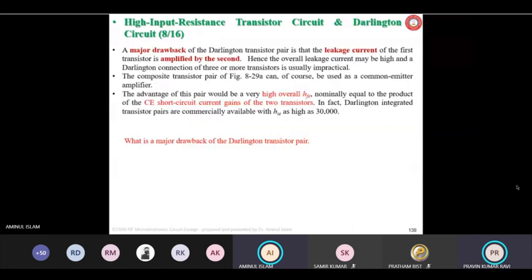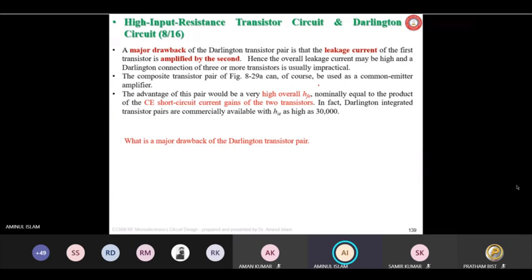A major drawback of the Darlington circuit is leakage current, which is amplified. Leakage current of the first stage is amplified by the second stage, hence the overall leakage current may be higher, and the Darlington connection of 3 or more transistors is usually difficult, impractical. The composite transistors can of course be used as a common-emitter amplifier.